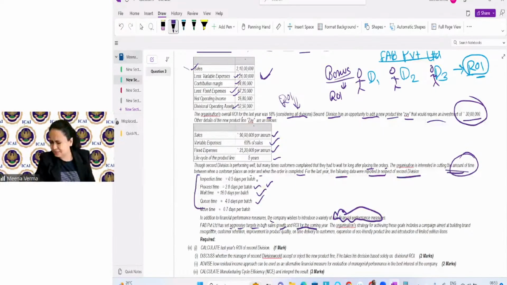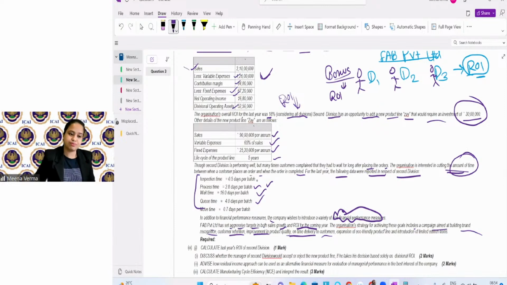The company wants to increase the sales. The company wants to increase the return on investment aggressively. The organization's strategy of achieving these goals includes campaigns aimed to build brand recognition, customer retention, improvement of product quality, time of delivery to the customer, expansion of eco-friendly product line, introduction of limited edition items.